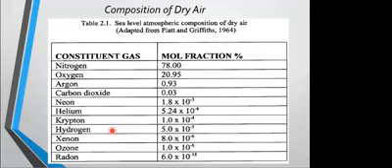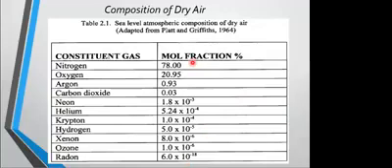Adapted from Black and Griffiths, you can see that we have the following gases available in the atmosphere. Usually they contribute these measurements to the composition of dry air.